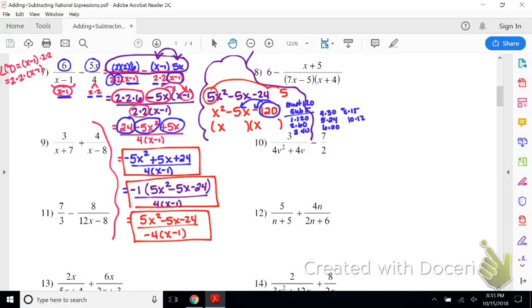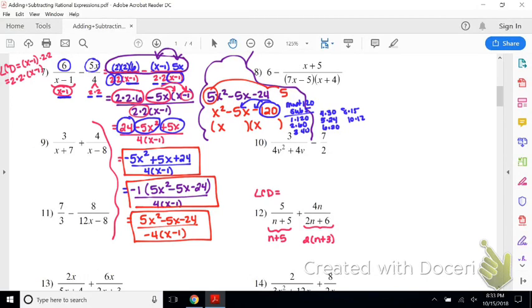So remember, you have to find your least common denominator first, and you have to make sure that all your denominators are factored. So the n plus 5, I can't do anything else with it. But this 2n plus 6, I can common factor out a 2, which leaves me with that n plus 3.